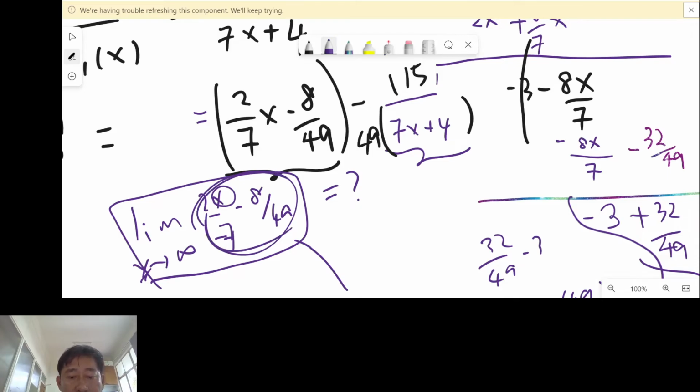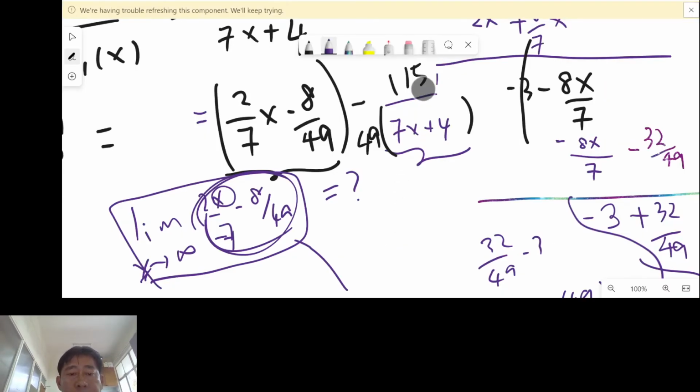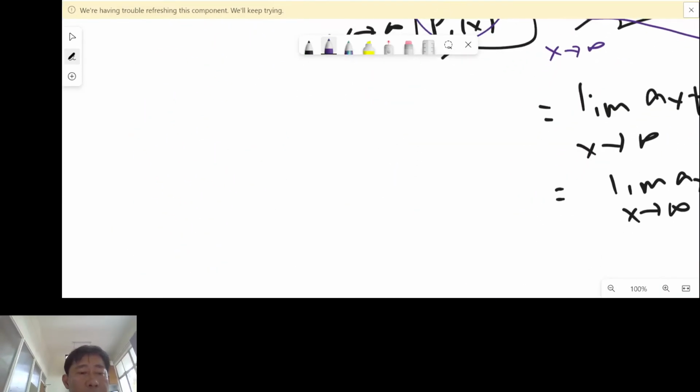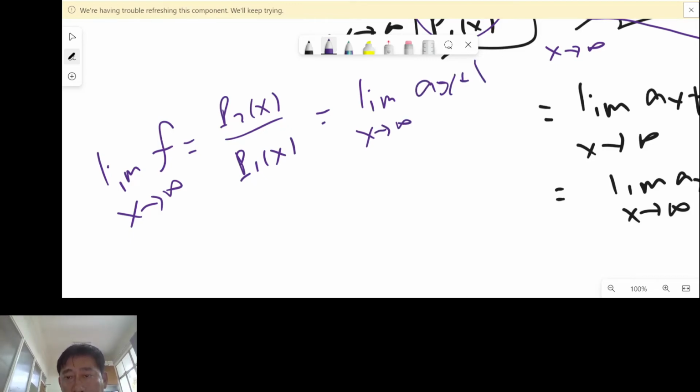However, this is what we call the oblique asymptote. It is the asymptote that the function f approaches when x becomes extremely large. Let me express what I mean by that. We have a situation like this. When x tends towards infinity, I've shown that this always reduces to the limit of some ax plus b.